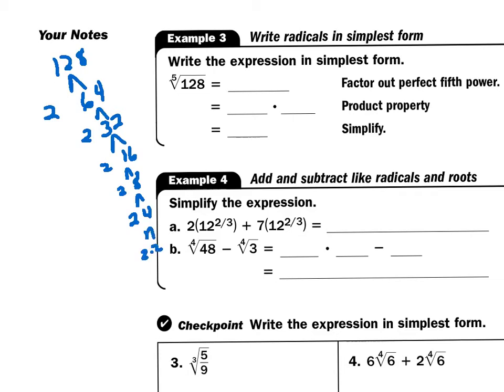So we need to take out groups of 5. So how many groups of 5 do I have? 1, 2, 3, 4, 5. And then I still have 2 left over. So that would be a 2. And I still need to leave that 2 times 2, or 4, under the 5th root sign.